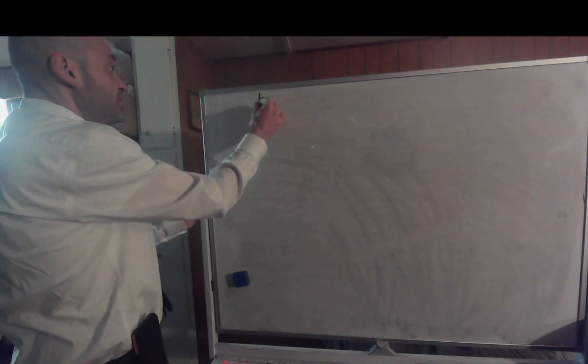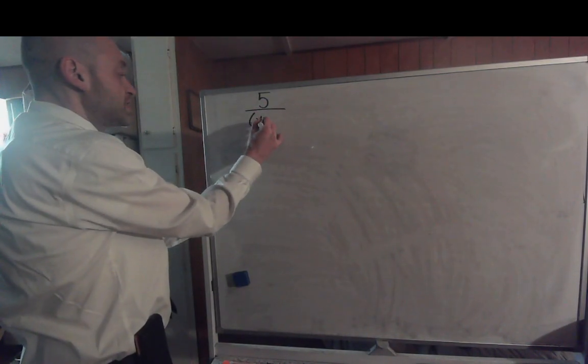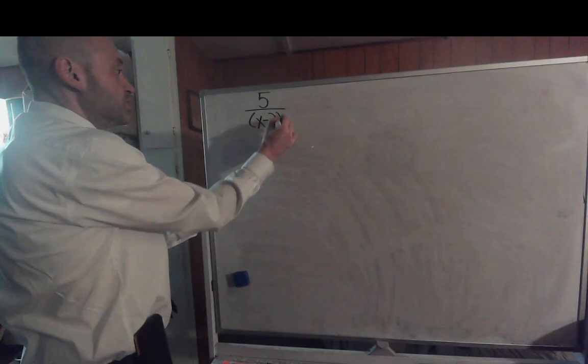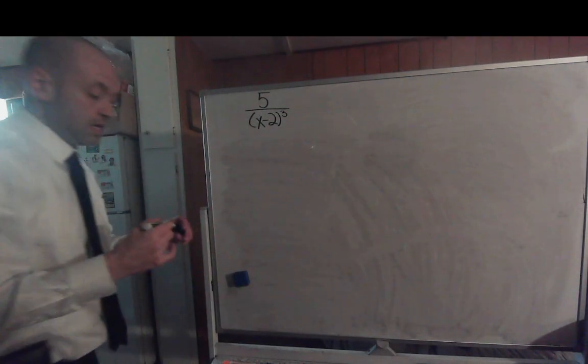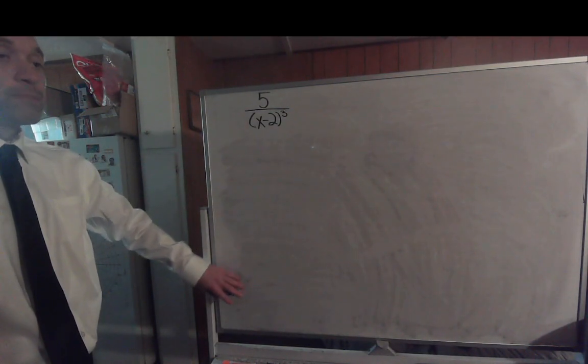All right. Let's say I just have 5 over the quantity of x minus 2 to the third power. So I'm going to give you 5 over x minus 2 to the third power.